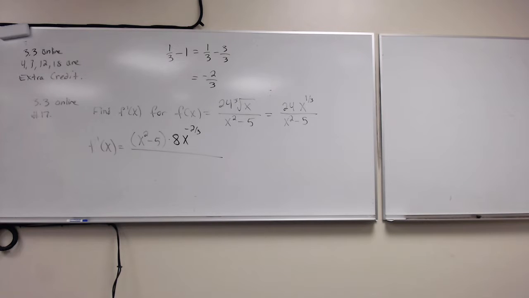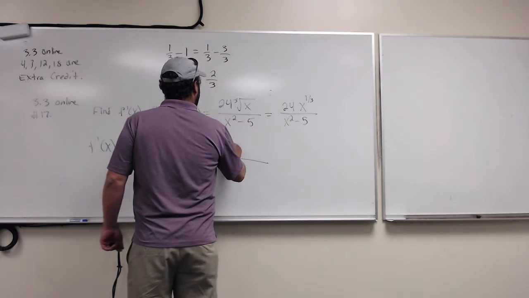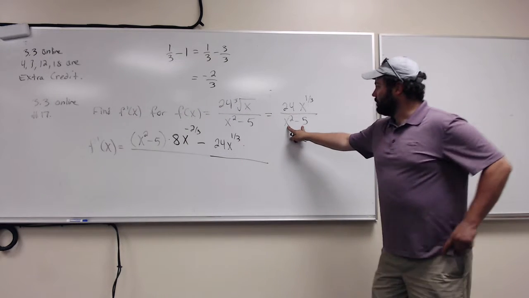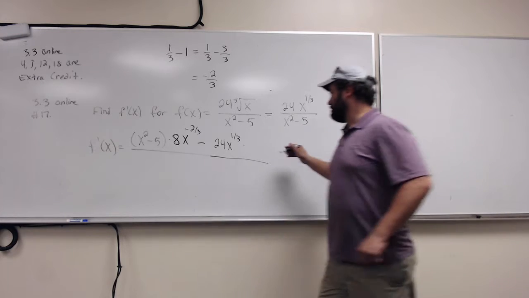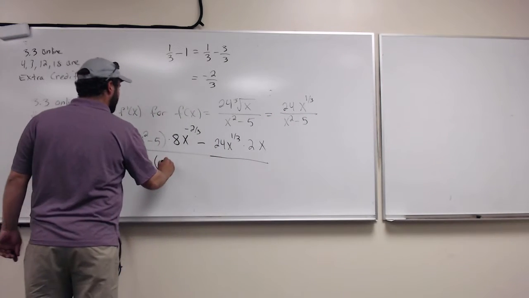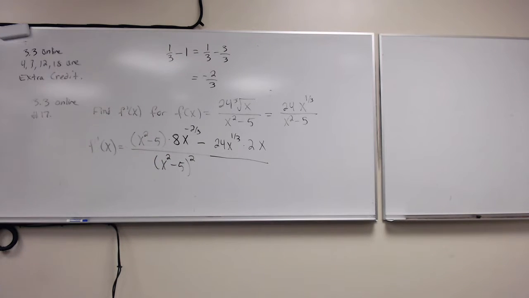We just pulled the 1/3 out front, and the next lowest power when you subtract by 1 is minus 2/3. And then you subtract the top function times the derivative of the bottom, but the derivative of x squared minus 5 is just 2x. And then you always divide by the bottom function squared.